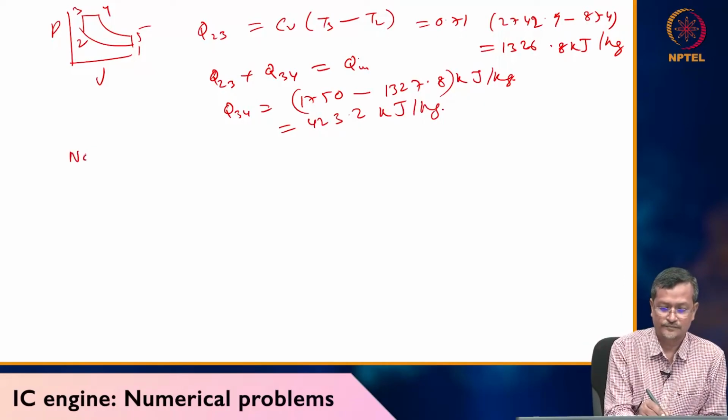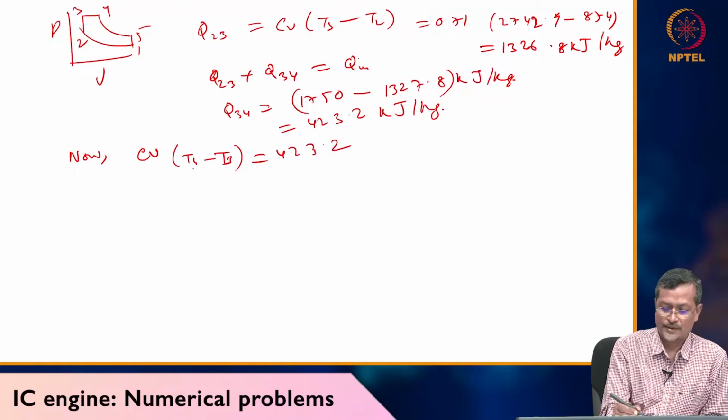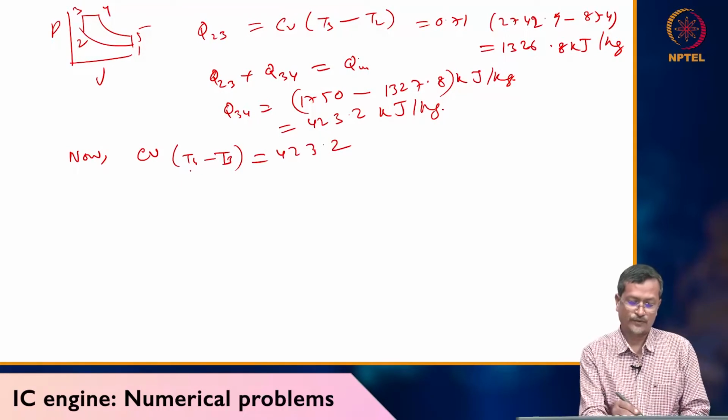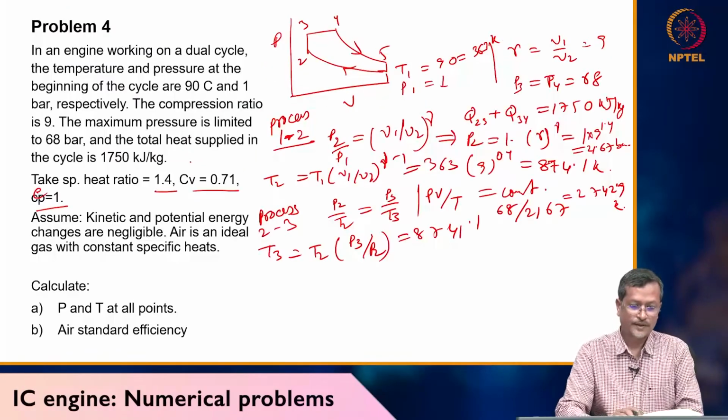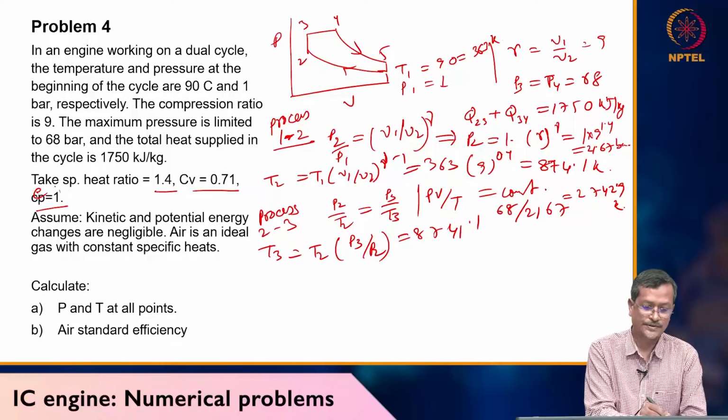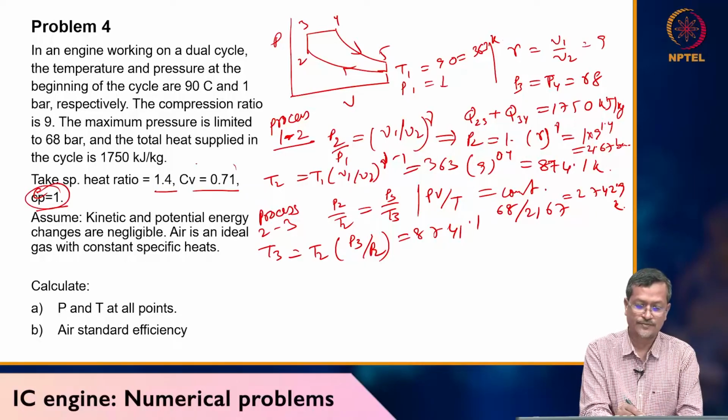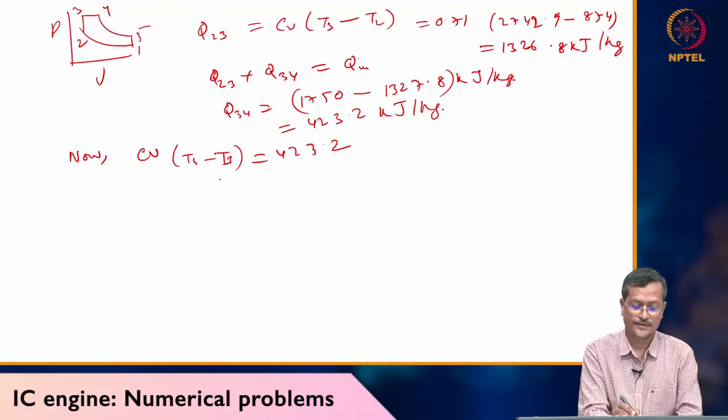Now CP (T4 minus T3) equals 423.2. The CP value is given as 1 in the problem. You see CP value is given 1, CV is 0.717.